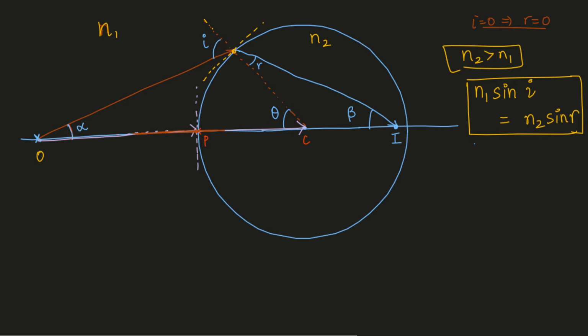If you notice carefully, let me name this point Q. In all these triangles, whether it be QOC, QOI, or QCI, all of these triangles have the same height, and that height looks something like this.